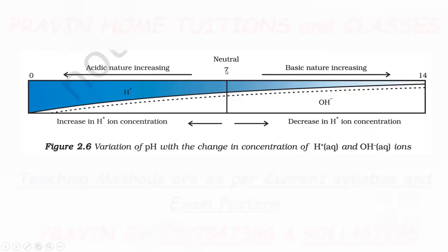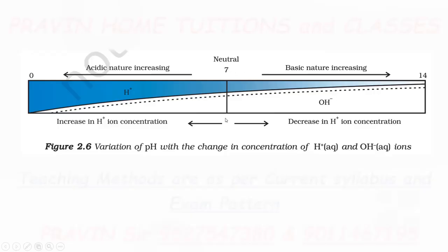So as the number decreases from 7, the acidic nature increases. Acidic nature increasing means H plus ion concentration increases in this way. From 7 to 14, as the number increases, basic nature increases, which means OH minus ion concentration increases.